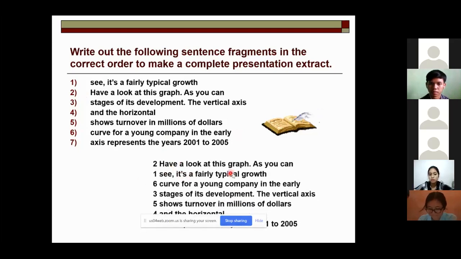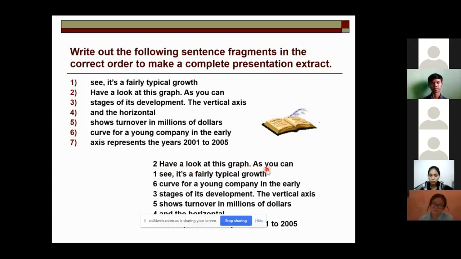Okay, let's see. Have a look at this graph. As you can see, it's a very typical growth. So as a presenter, you ask your audience to look at the graph. You may say, ladies and gentlemen, have a look at this graph.